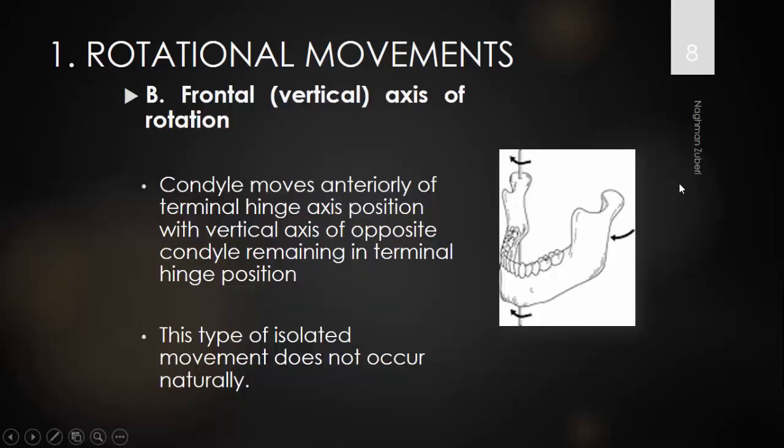Then comes frontal or vertical axis of rotation. The condyle moves anteriorly off the terminal hinge axis position with the vertical axis of the opposite condyle remaining in terminal hinge position. This type of isolated movement does not occur naturally, where one condyle stays in place and one is just rotating. That is not possible.